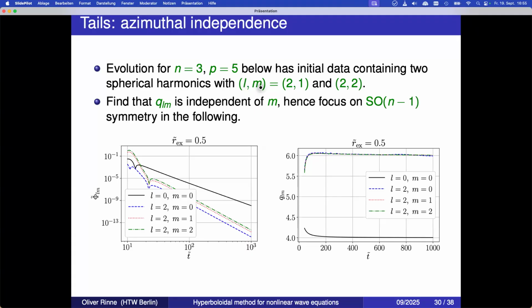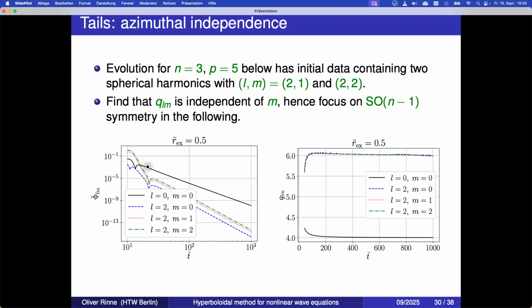If you take initial data containing 2 different modes, so here for Lm equal to 2,1 and 2,2, and I superpose them, I do a nonlinear evolution with the power p equals 5, then this will generate some other modes which are not present in the initial data. So for instance, here you can see an L equals 0, M equals 0. I also get an L equals 2 and M equals 0. So they are generated from the nonlinear interaction.